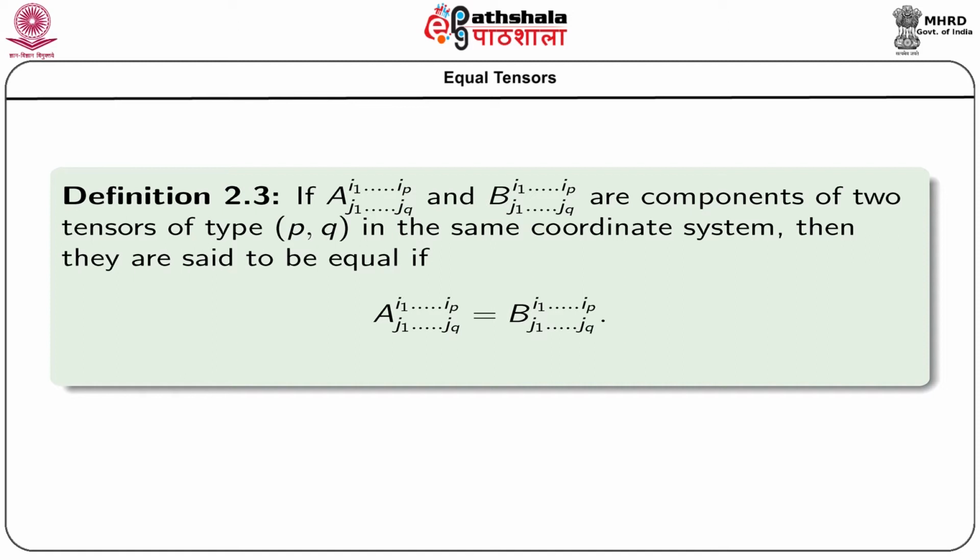That means A I1, I2, IP, J1, J2, JQ is equal to B I1, I2, IP, J1, J2, JQ. So, in the first three definitions, we just see how the addition and subtraction of tensors are done, how the multiplication with a scalar can be done, and what is the definition of equal tensors.